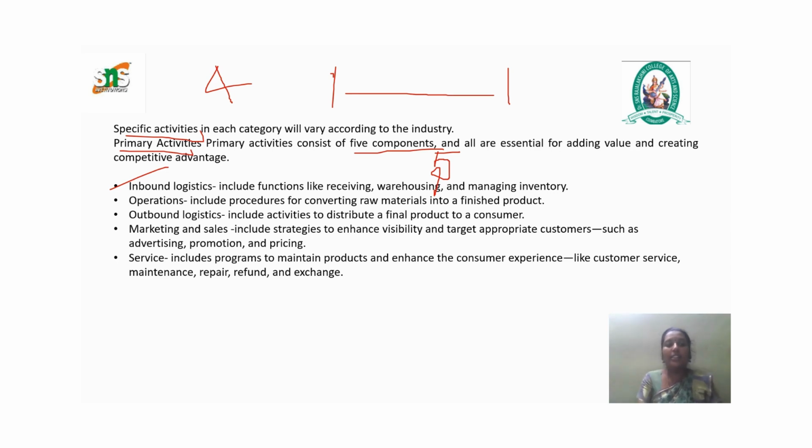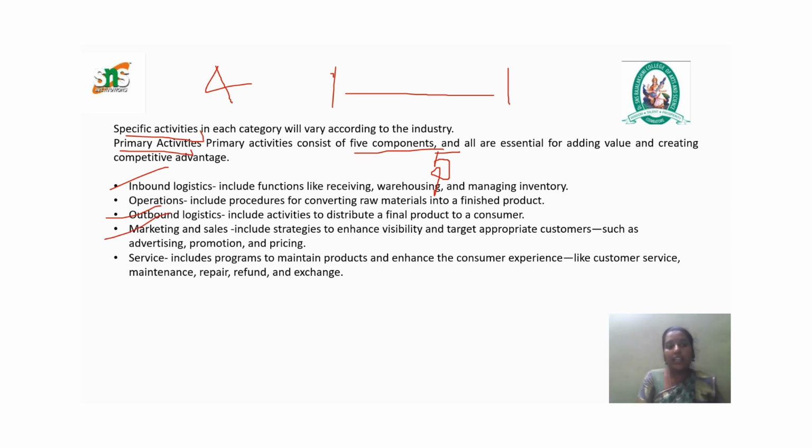The third one is outbound logistics. Outbound logistics is the logistical activity that takes place outside the organization, the activities that take the final product to the end customers. All those logistical activities involved in taking the final product to a customer are called outbound logistics.